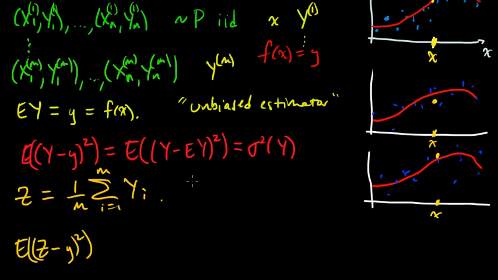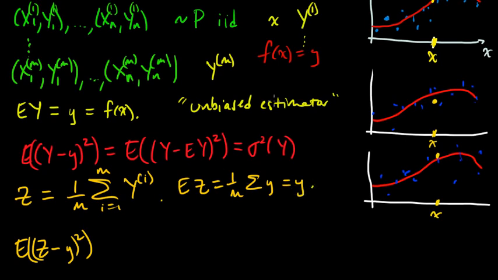Now the expected value of z, oh, I didn't use my correct notation here. This should be superscript i. So the expected value of z, by linearity of expectation, this moves through, and we get the sum of the expected values. Each of the expected values by assumption is little y. So if we sum those all up, since there's m of them, we just get y.